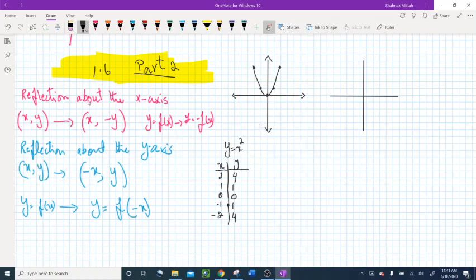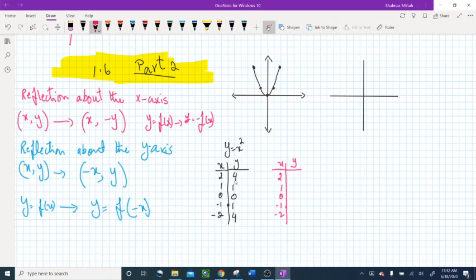Now let's do the reflection about the x-axis, which is in pink color. So I'm going to use that pink color. For the reflection about the x-axis, I have x and I have y, and the x values are going to stay the same. So the x values 2, 1, 0, negative 1, negative 2 stay the same.